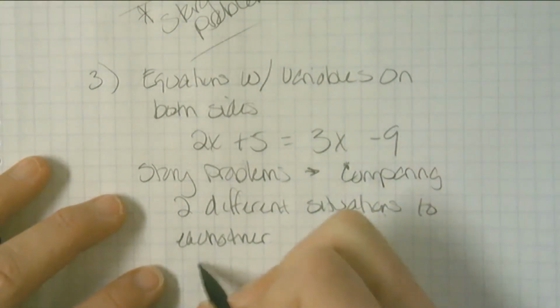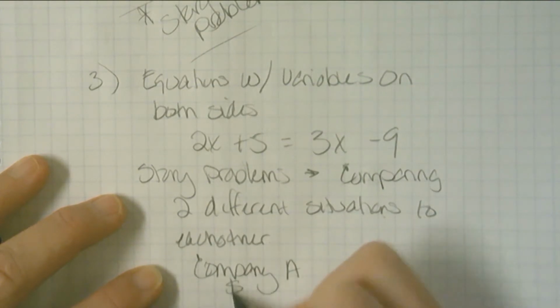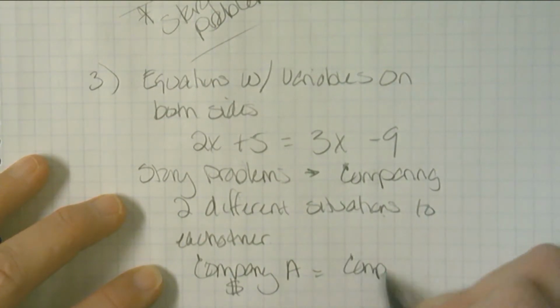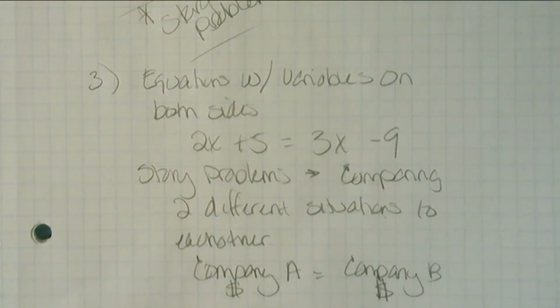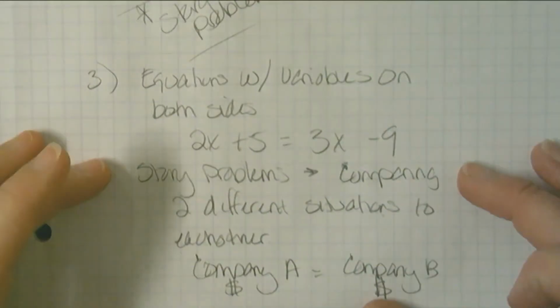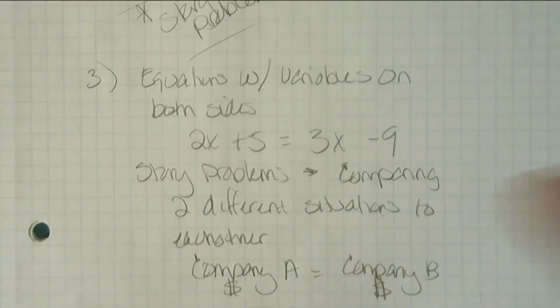Something like company A cost equals company B cost is kind of what you'll see. So for these, you're not necessarily doing parts equal to your whole, because you're comparing the two wholes together. So you're really comparing the parts of one to the parts of the other.